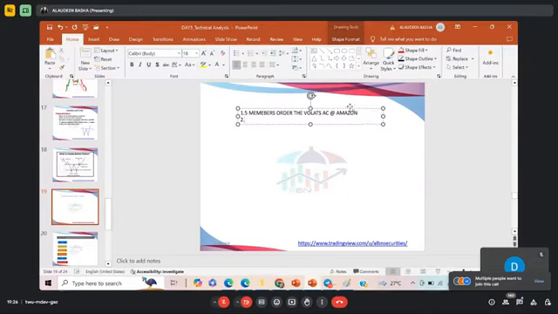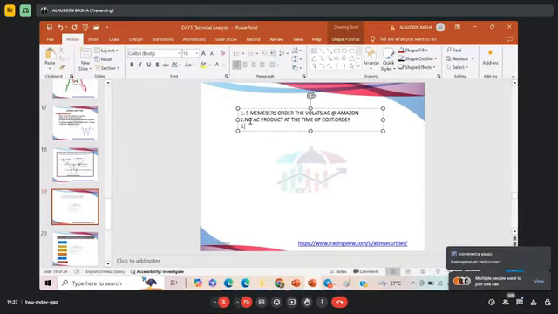So for the first one, 5 members order the Voltas AC at Amazon. At the time of the customer order, there is no AC product. But Amazon accepts the order and sells the product.